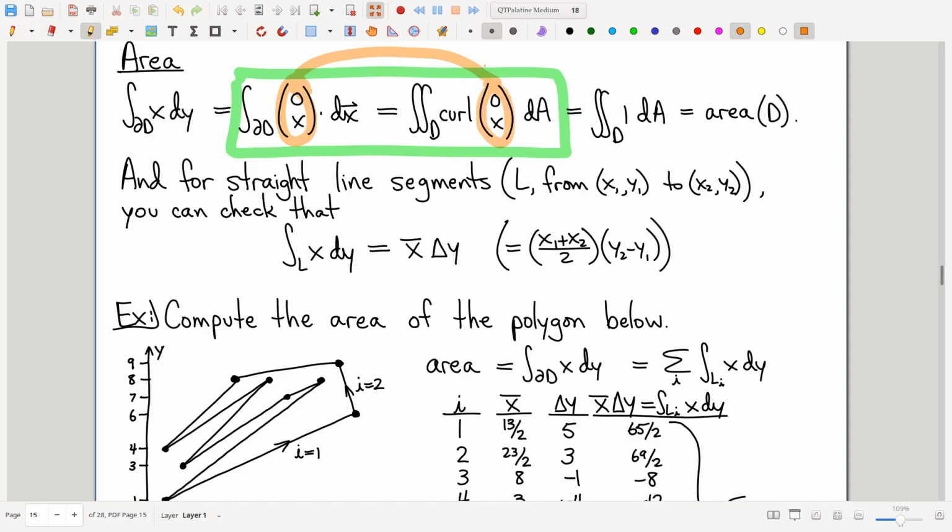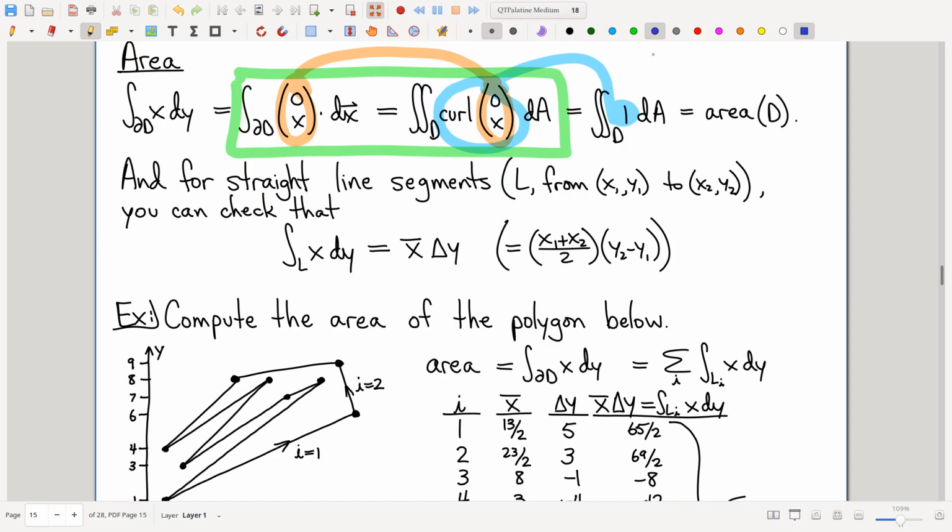Now, why on earth would I choose to look specifically at this one vector field? It turns out this vector field has a lovely, very valuable property: its curl is 1. Everything has a curl, it's got to be something, so what's so great about curl being 1?